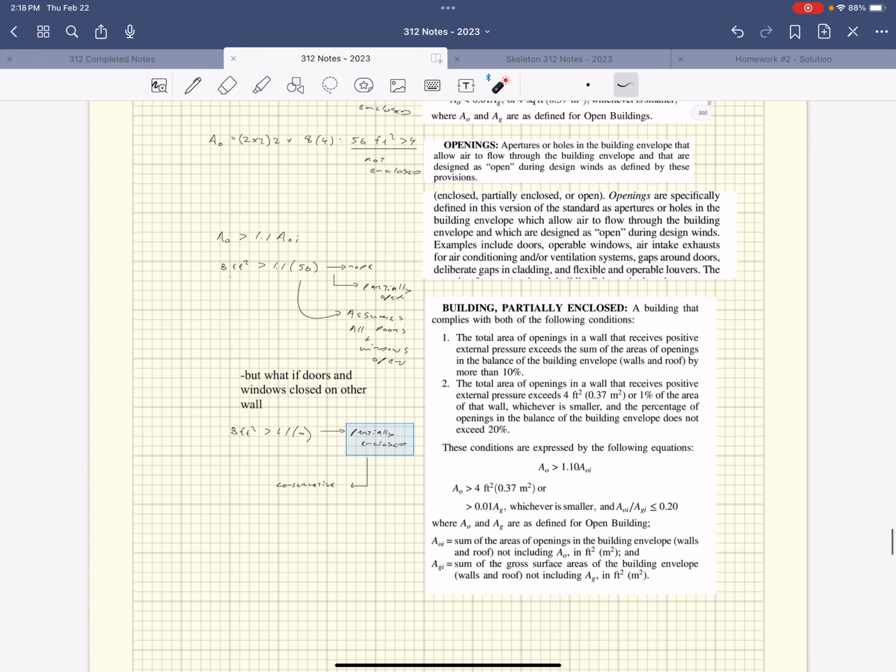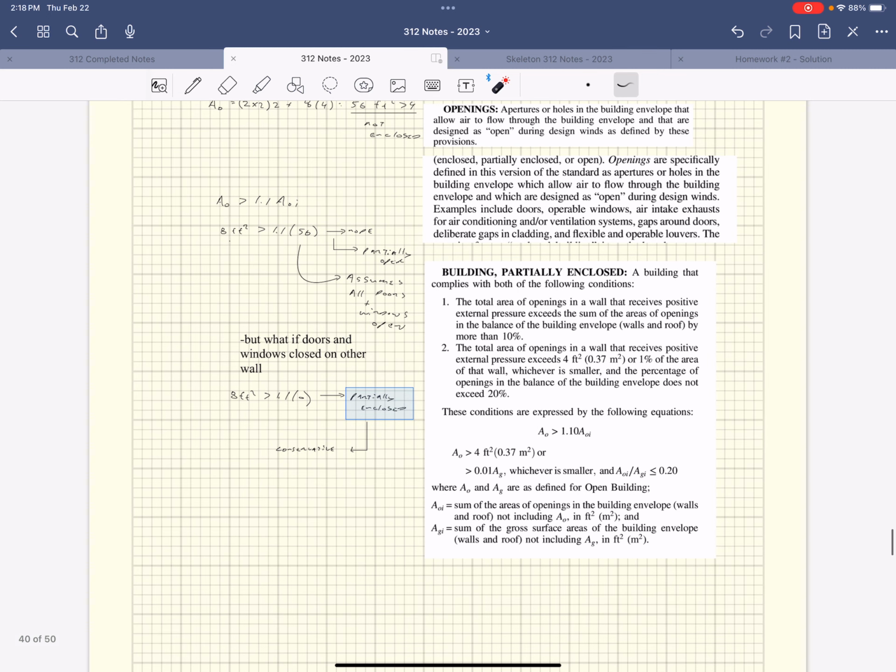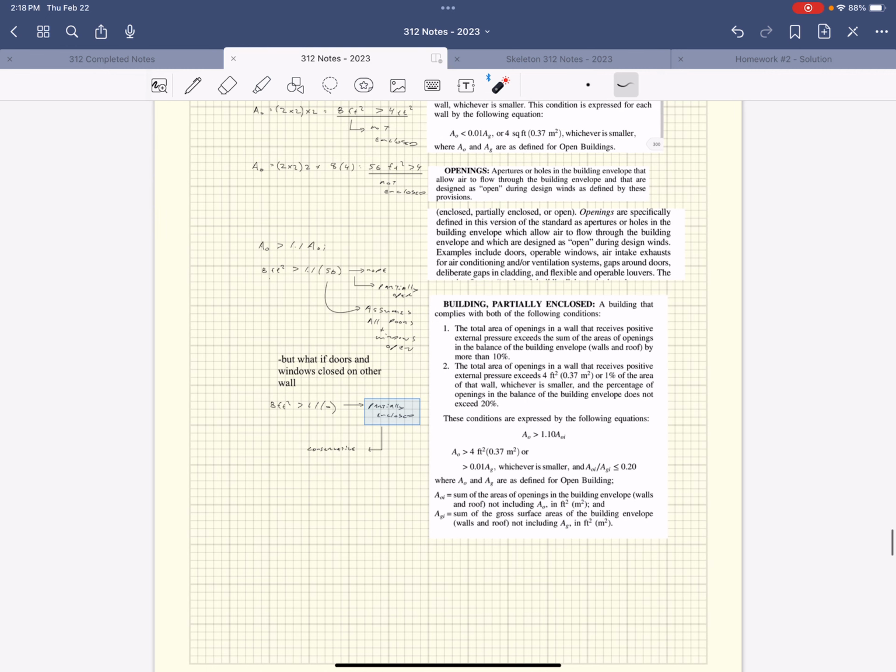But if you apply the code the way it is, talk to your supervisor, see how they would do it, and then if all else fails, be conservative and choose what's going to be conservative. In our case, partially enclosed would be conservative. So that would be like a balloon. It could be blowing on one side and then it could blow up the structure, maximizing that aspect of it, right?